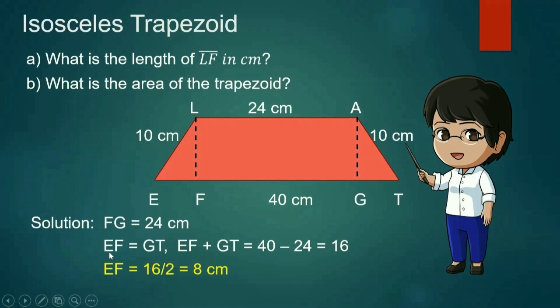So we get the values of EF and GT since they are also equal. We have EF plus GT is equal to 40 minus 24 is equal to 16. And then dividing 16 by 2, we get the length of EF, which is 8 centimeters.